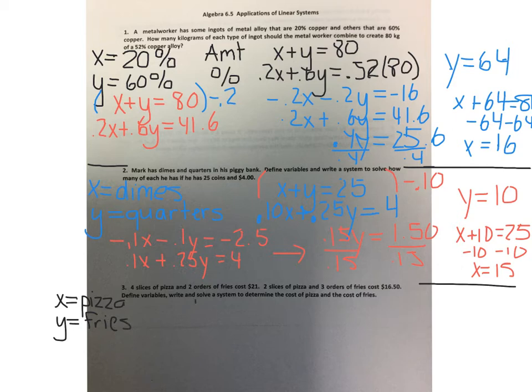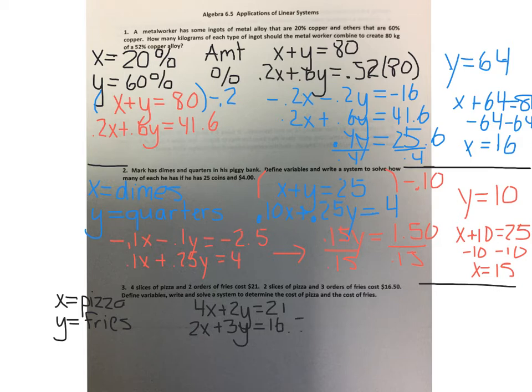I'm going to say I bought 4 slices of pizza and 2 orders of fries, and it was $21. Then we can say we bought 2 slices of pizza and 3 fries, and it was $16.50.